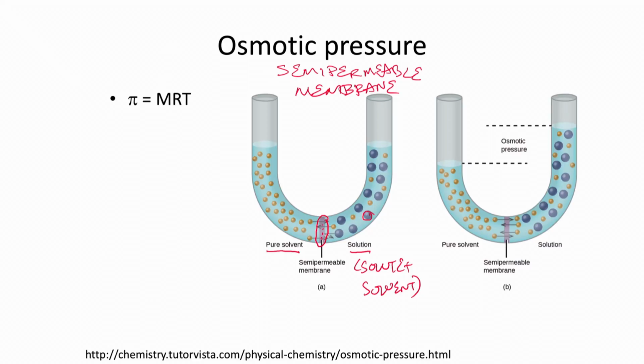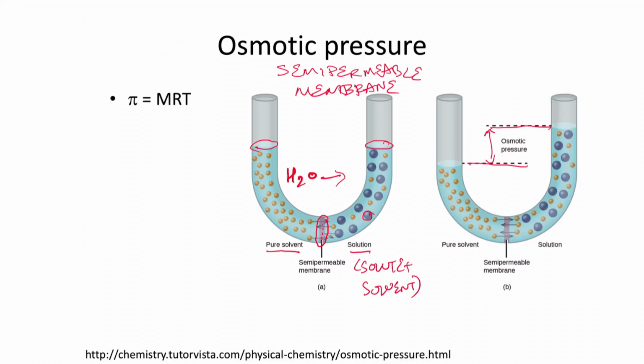Even if the liquid levels start out the same on both sides, eventually there's going to be a difference in pressure called the osmotic pressure, because the water molecules can move, in this case from left to right, but the big solute molecules can't go anywhere.